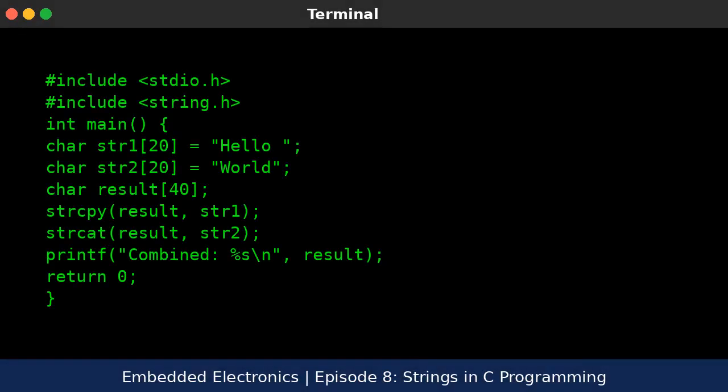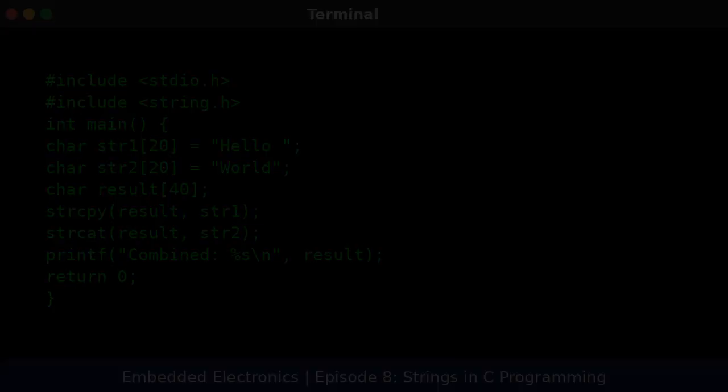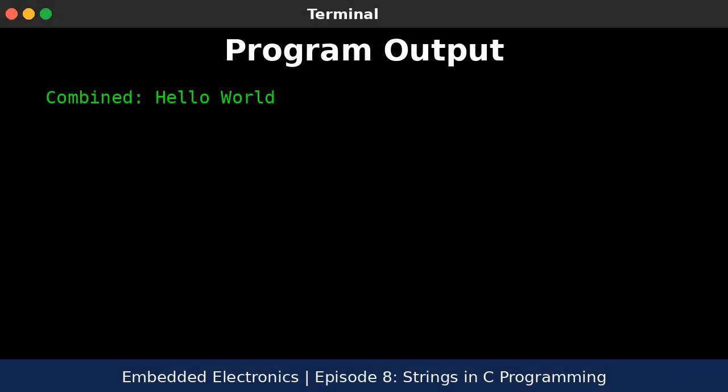In this example, strcpy copies str1 into result, and strcat appends str2, forming the final combined string. The output of example 3, copy and concatenate strings, is as follows. Combined: hello world.